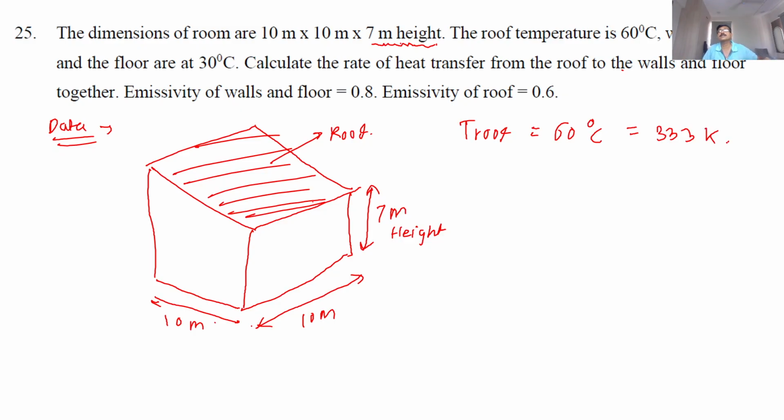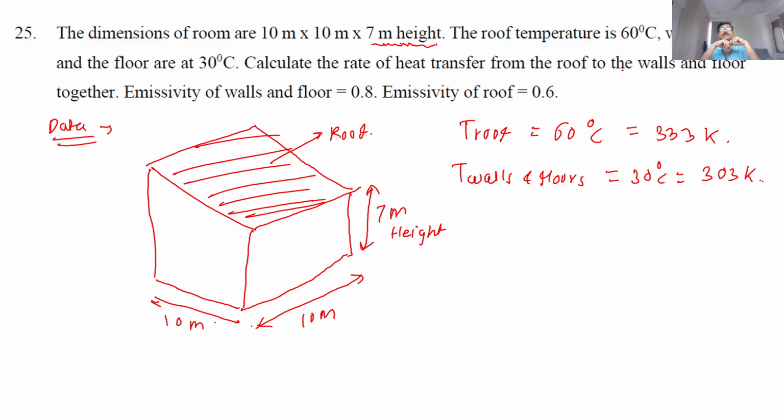Okay, Celsius is not allowed in radiation because of the Stefan-Boltzmann law. While T of walls and floors is equal to 30 degree Celsius. So 30 means I think it is 303 Kelvin. Okay.